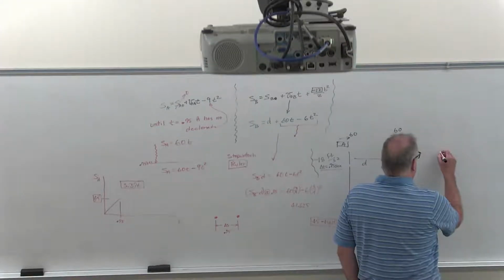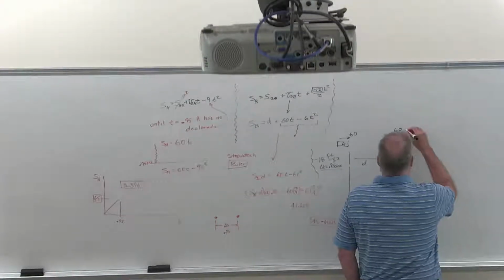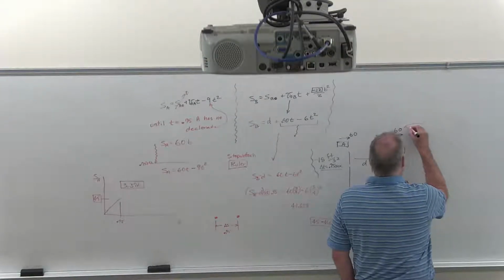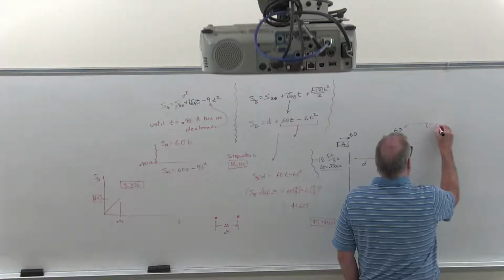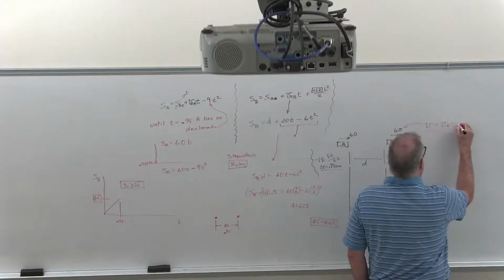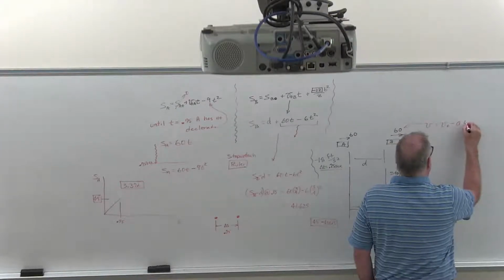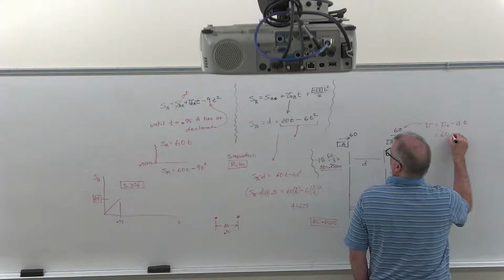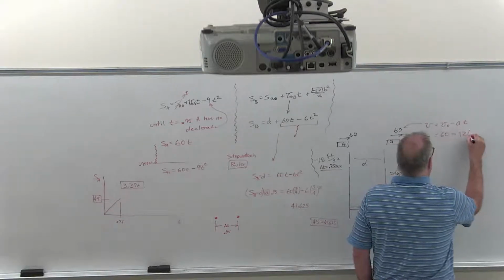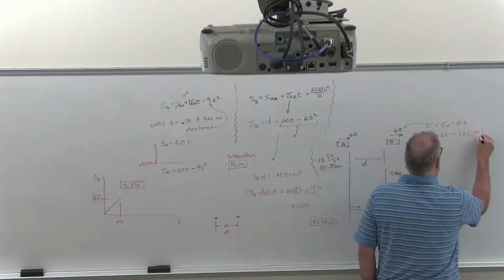So at that point, this car's speed is v equal to v naught minus the acceleration times t. It was initially at 60. It's decreased there in 0.75.